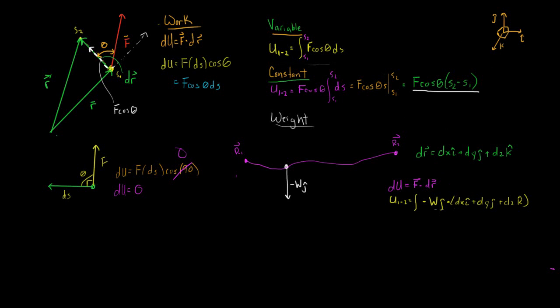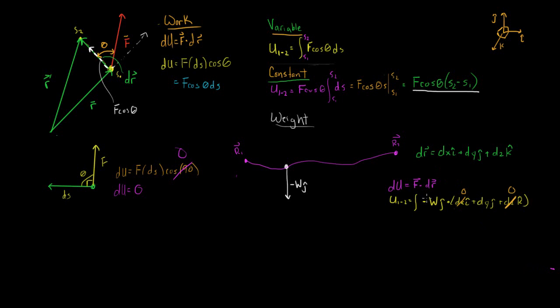So j dot product with an i is just 0. j with a j, this one will stay because they're both j components, and this k component right here is also going to be a 0.